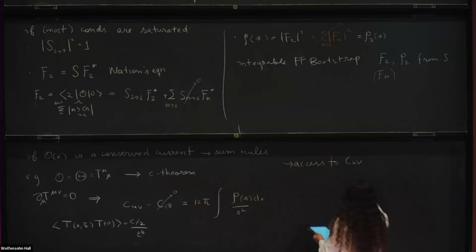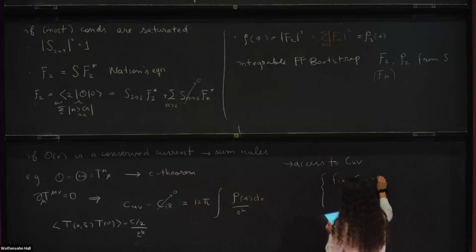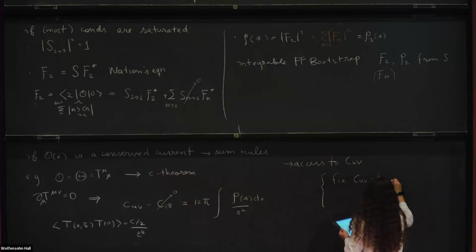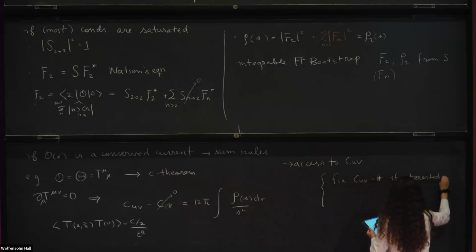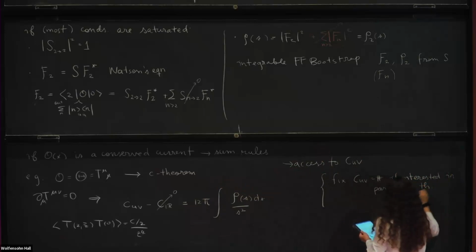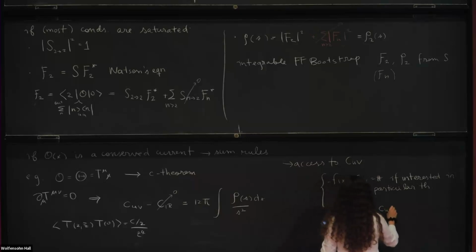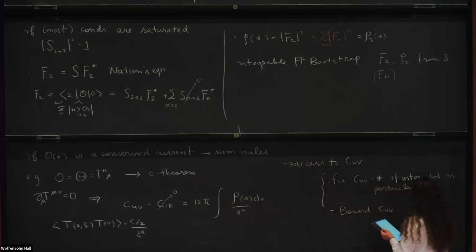Something you can do, for instance, is to fix C UV to some value, if you want to study a particular theory you're interested in, or you could bound C UV in the space of allowed amplitudes or theories.